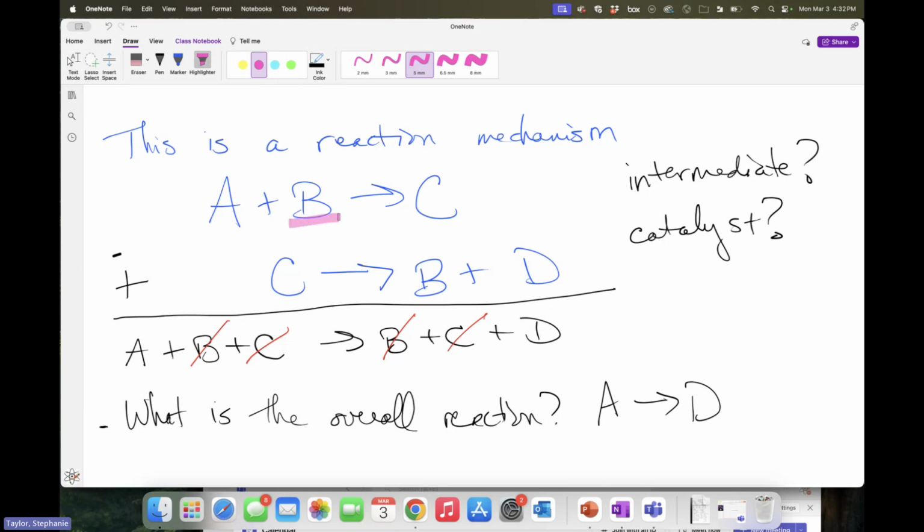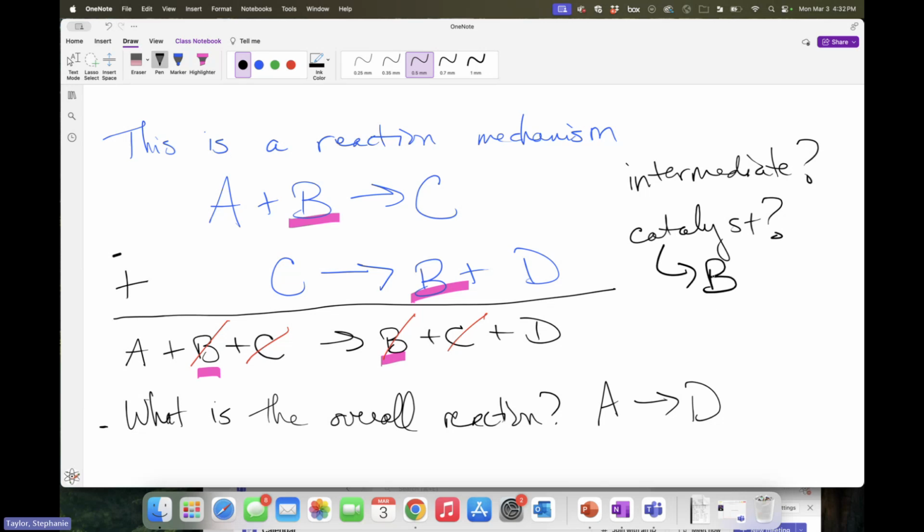B is there in my reactants from the very get-go, so I can physically add it in myself, and then it shows up again in the end. We did also cancel it out, which is important, but because B is there in the beginning and it shows up again in the end, B is the catalyst.